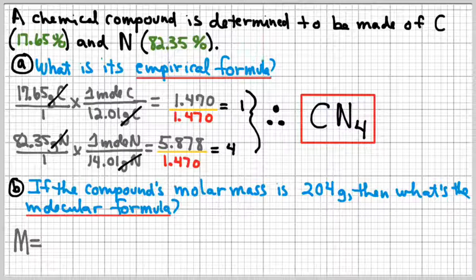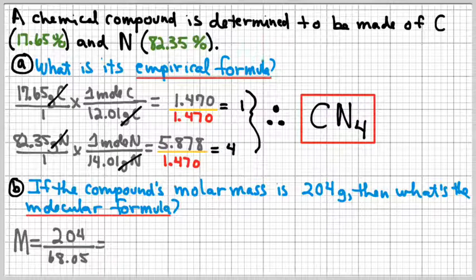So if the formulas are ratios or multiples of each other, then the masses would have to be also. So I'm going to take the actual molar mass that they gave me and divide by the molar mass of the empirical formula. So I took CN4, went to my periodic table, and was able to determine that the molar mass was 68.05.